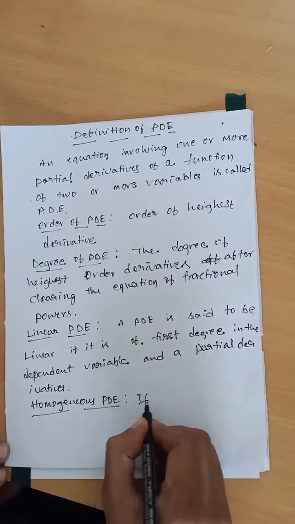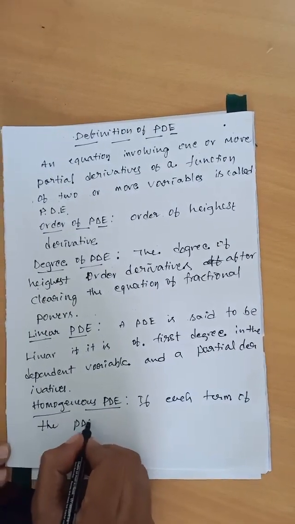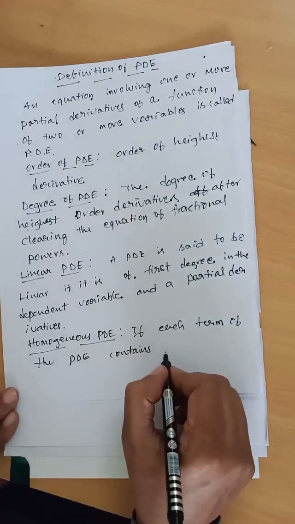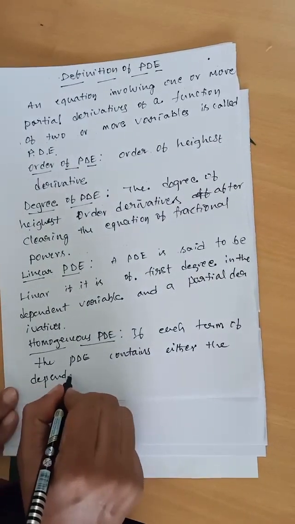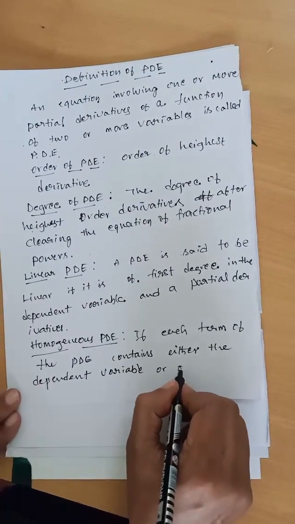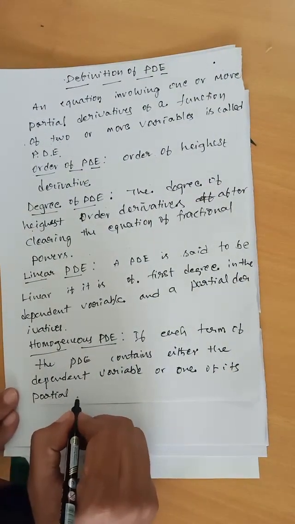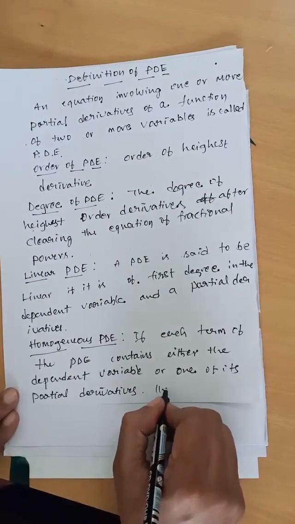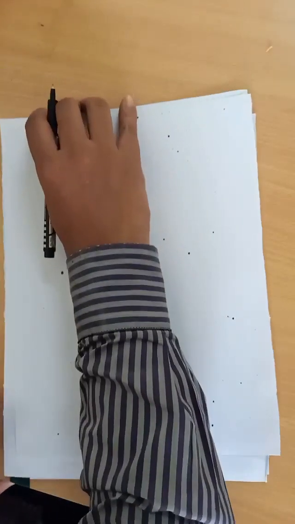In another word, if each term of the PDE contains either the dependent variable or one of its partial derivatives, the PDE is said to be homogeneous.